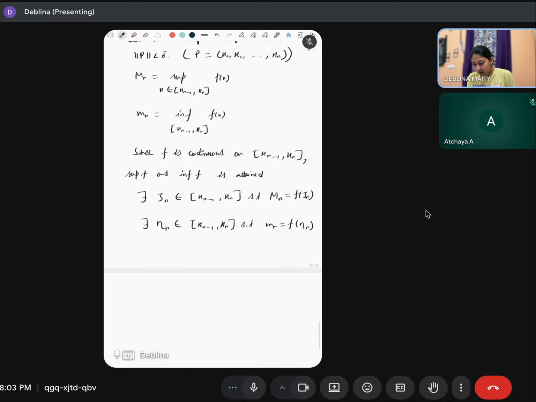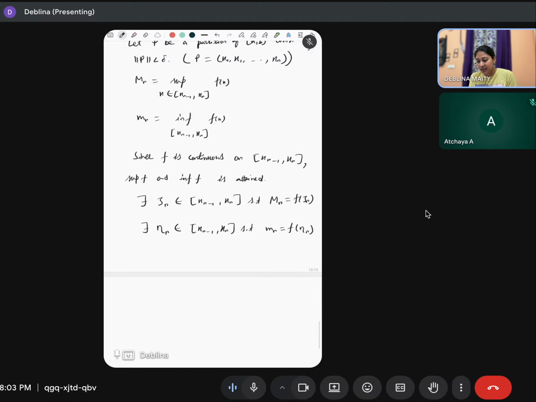Now P is a partition with norm of P less than delta, and this means the length of this interval x_r minus x_{r-1} is also less than delta, because the supremum of these lengths is norm P, which is less than delta. Now these two numbers zeta_r and eta_r both belong to this interval, and the length of this interval is less than delta.